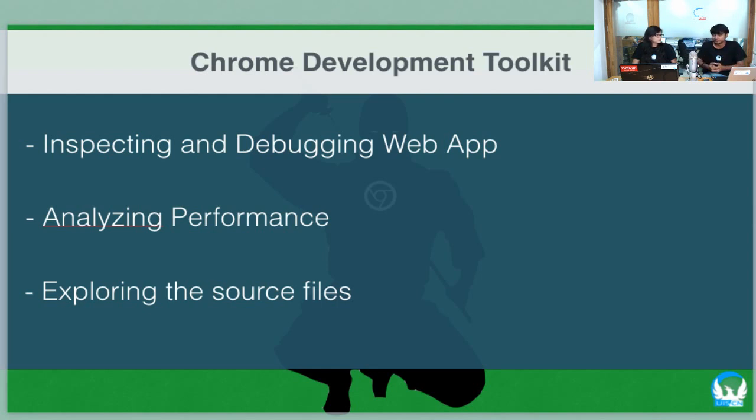You can have multiple JavaScript files, so you never know where the flow is jumping from one function to another. If you want a good log or a stack trace of it, that is where Chrome Development Toolkit comes into the picture.